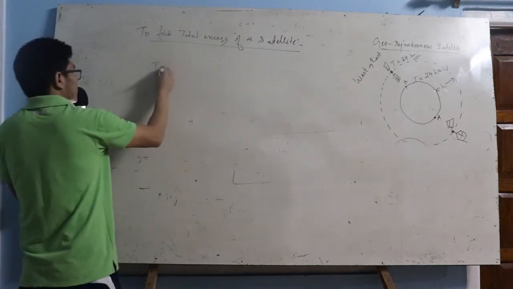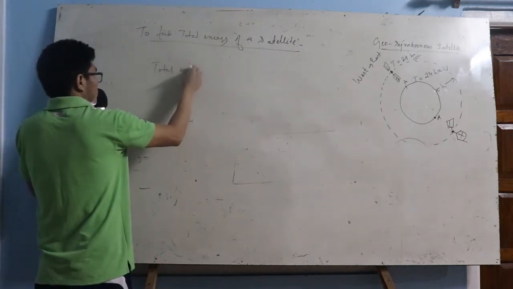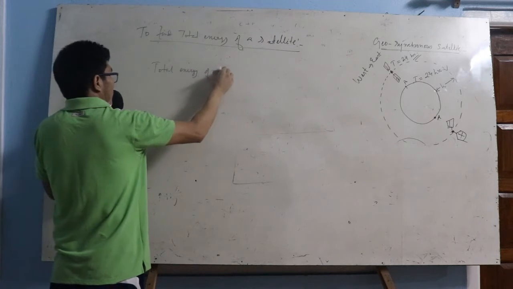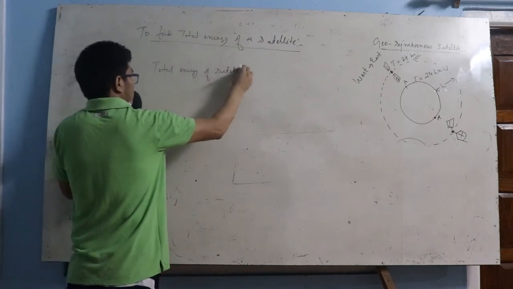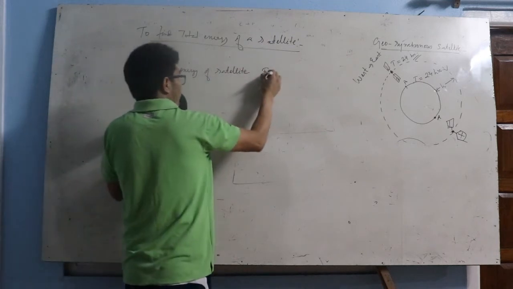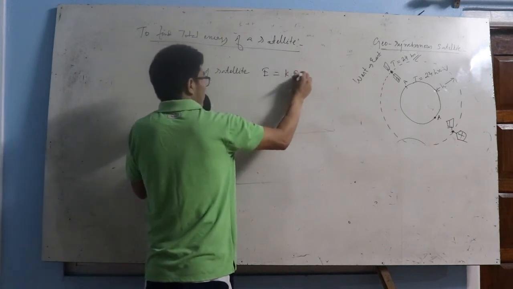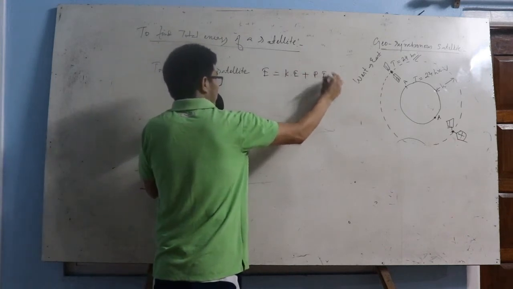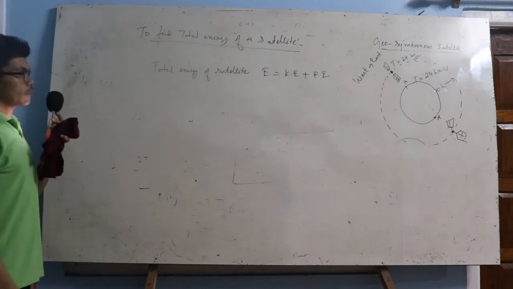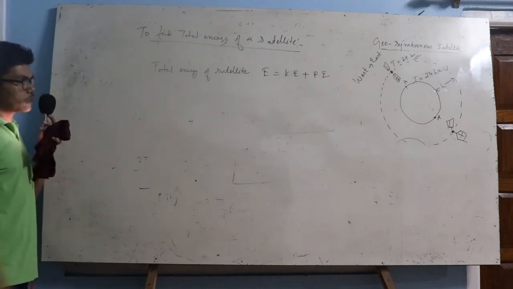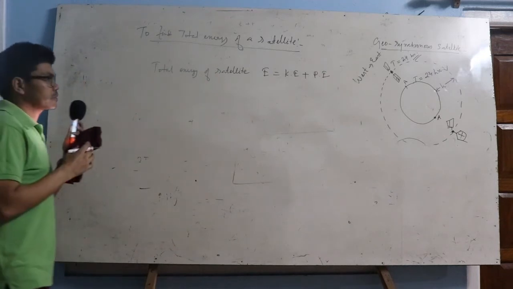Total energy of satellite, let us say E here, this will be simply equal to the sum of kinetic energy and potential energy. So first you need to know kinetic energy, then you need to know potential energy.